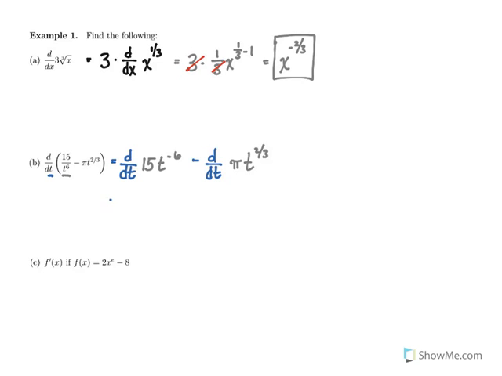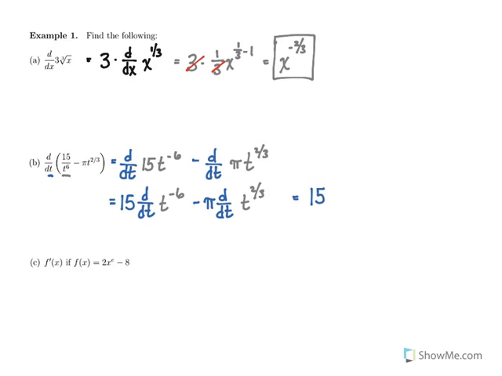And we'll go one more step and we'll bring the 15 out in front. So we have the derivative of t to the negative 6. And we'll bring the pi out in front, as that's just a constant, t to the 2/3. And then we apply the power rule 2 times.